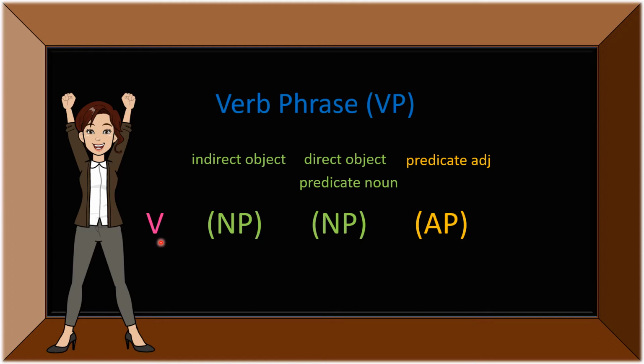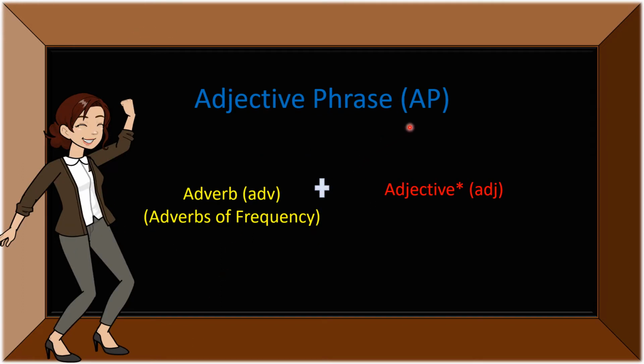You might have a verb that's intensive. So you're going to have maybe a predicate noun or a predicate nominative, same thing, or a predicate adjective. So these are showing you all the choices you might have or could have based off of this verb's classification. Adjective phrase, AP.